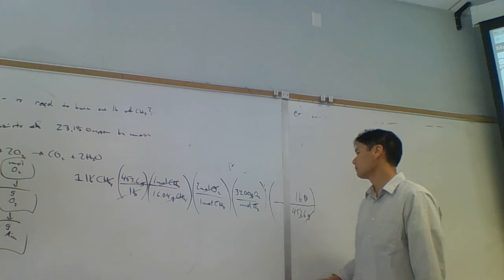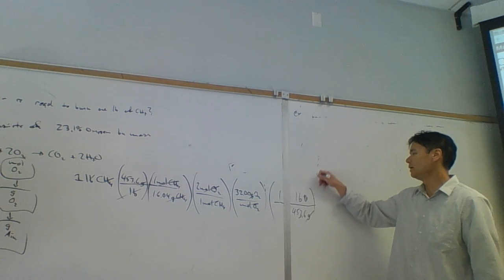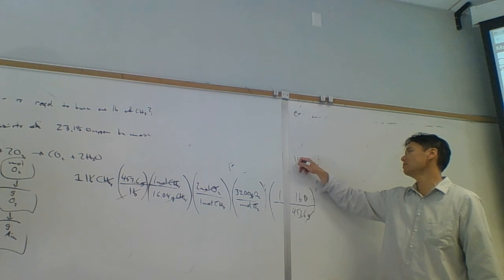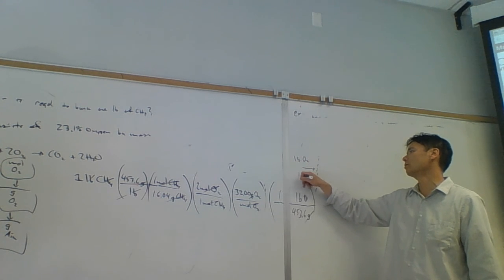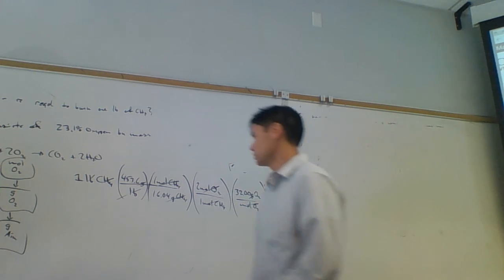So the 2 doesn't cancel. And so I'd stop here, and if I stop here, that takes me to pounds of pure O2 required. And so let's figure out how many pounds of pure O2 are required.